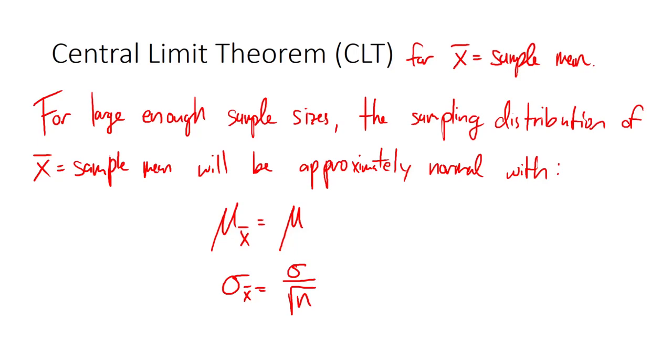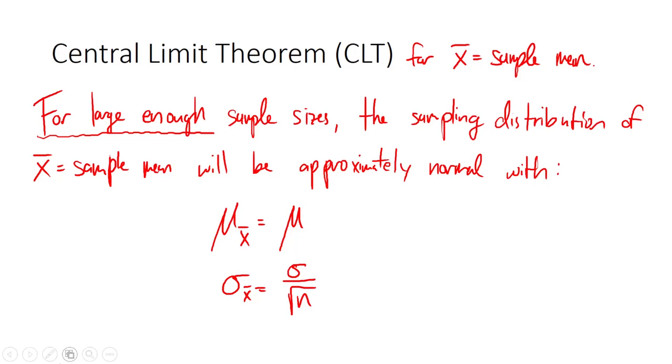There's some vagueness here, because it's not entirely clear what exactly "large enough" means. In our example, we had a pretty small population, so we didn't have to take super large samples to start seeing really good results. But in a really big population, large enough can be sort of subjective.